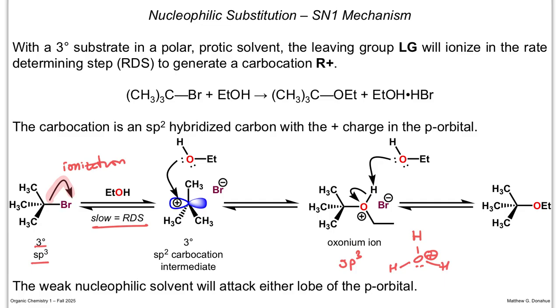And the p orbital is sort of sticking out from that plane. So the nucleophile can attack either side. So ultimately, if you started with, say, a single R or S stereogenic center, that stereochemistry will racemize. So you get a 1-to-1 mixture of R and S as your substitution products.